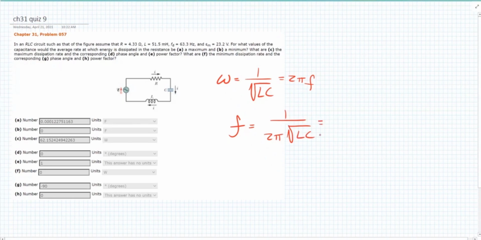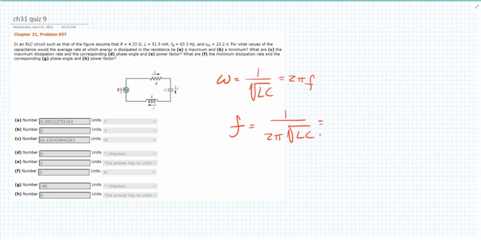With my numbers, let's figure that out. What is 1 divided by the square root of L, 0.0515, times C, divided by 2 divided by pi.